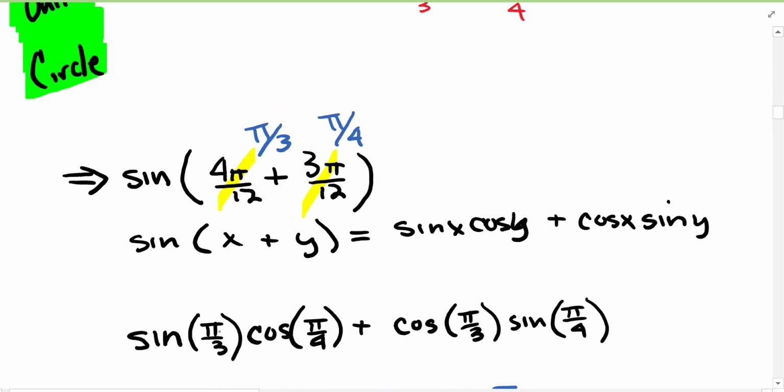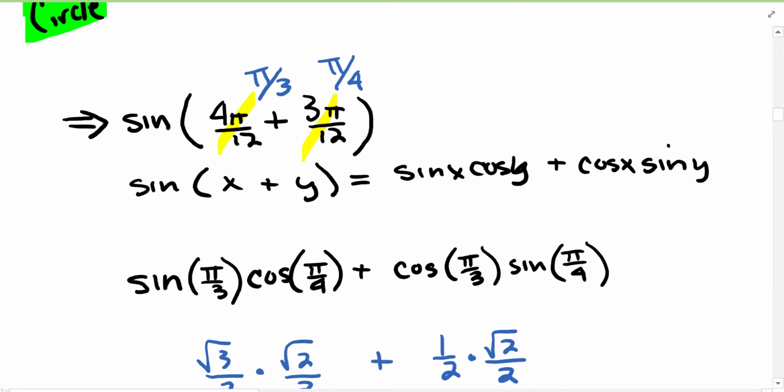So see, sine of the first, cosine of the first, just like that. And then you can just look at the unit circle.